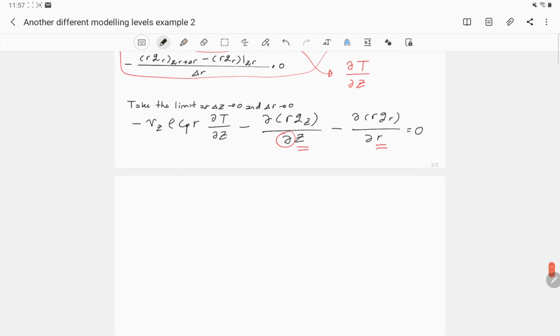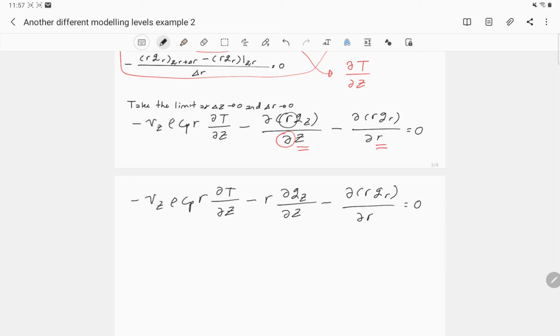Okay, then we continue again. We can get that minus Vz rho Cp r del T over del z minus r, so the r in here can be taken out of that derivative term, del qr over del r equal to 0. Then you may ask why.